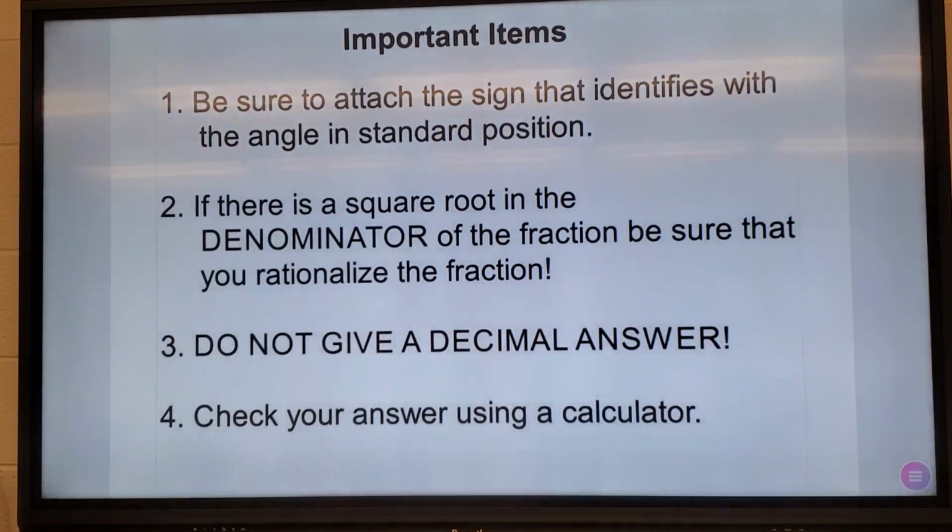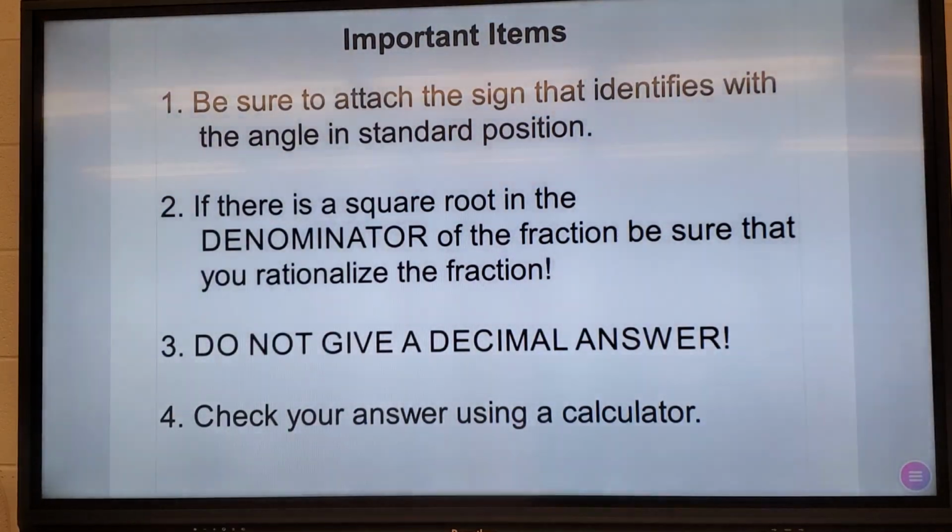All right. Step 2 there. If there is a square root in the denominator of the fraction, be sure that you rationalize the fraction. You will run into this in a couple situations. If you are taking the tangent of an angle, then it is possible that the square root in the denominator is not simplifiable, okay, and you will have to rationalize, so multiplying the top and the bottom by that square root.